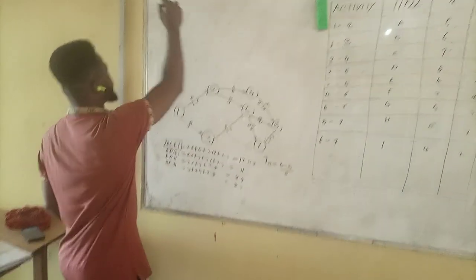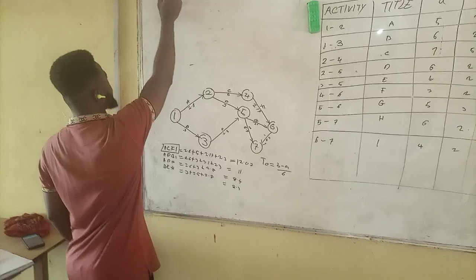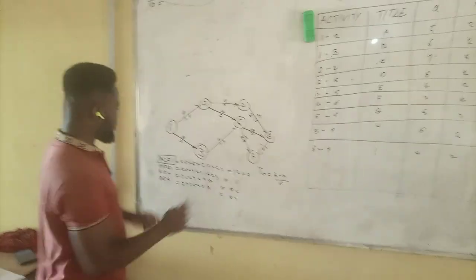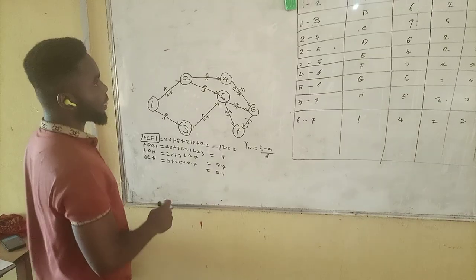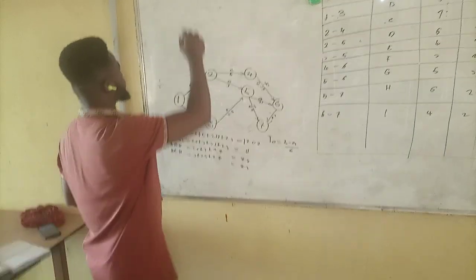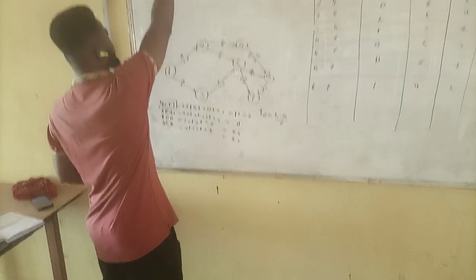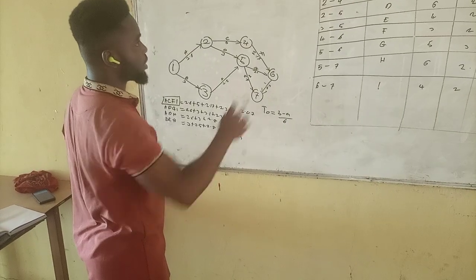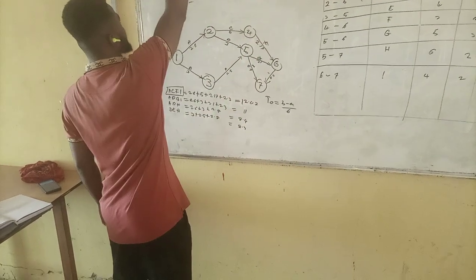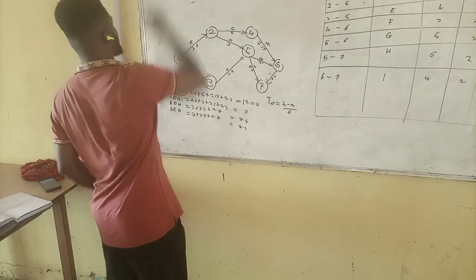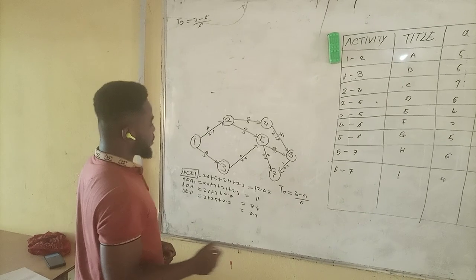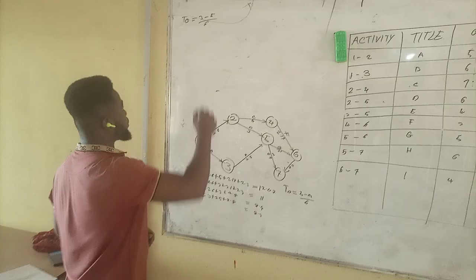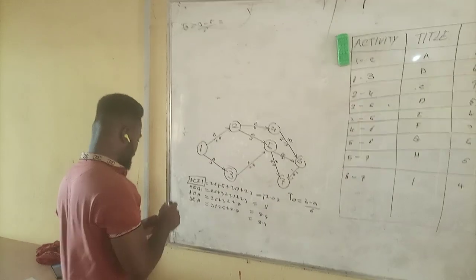So in doing that, we will do TE equals to our B is what? Our B is 3. 3 minus 5 all over 6 equals to.